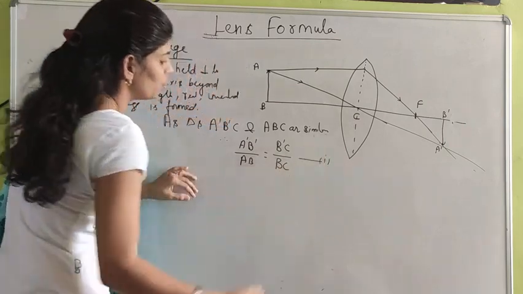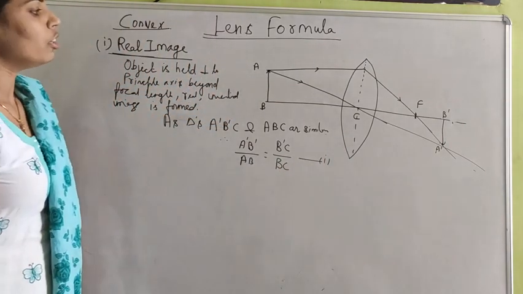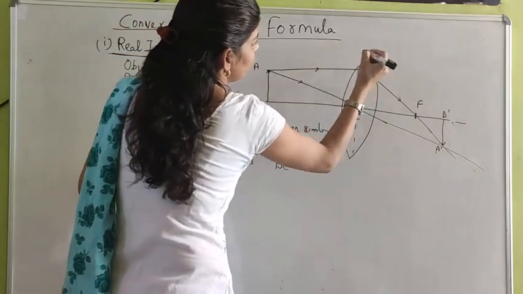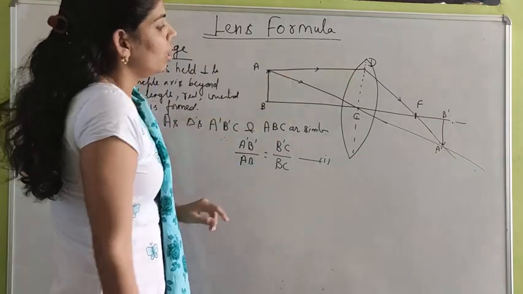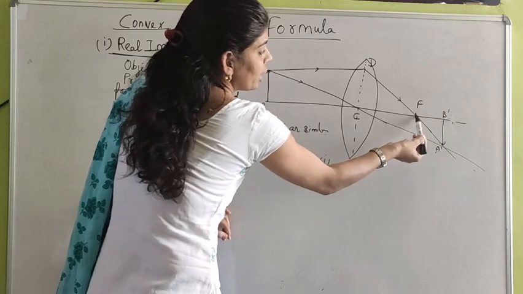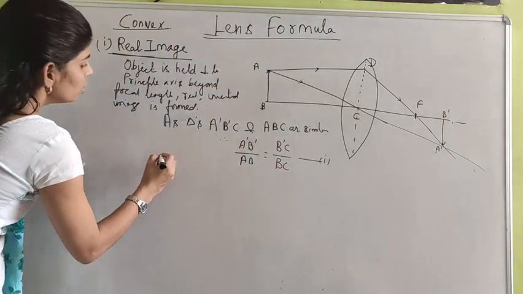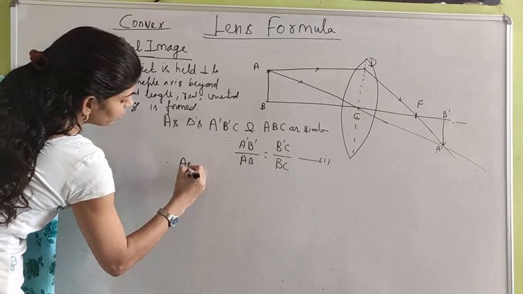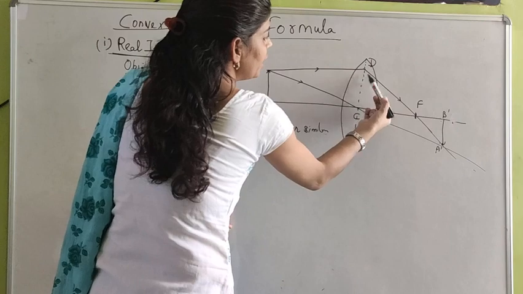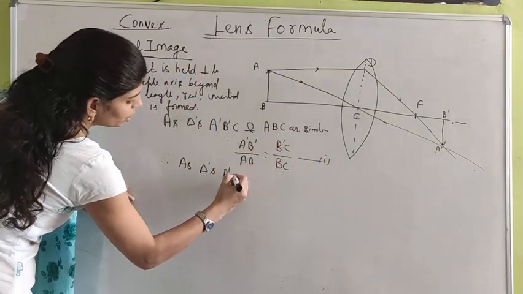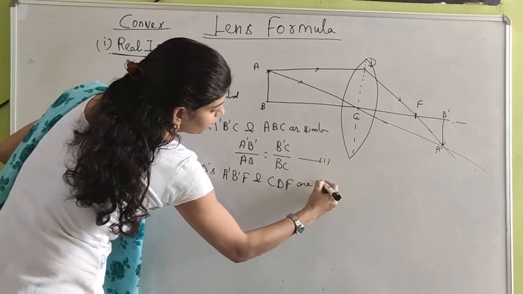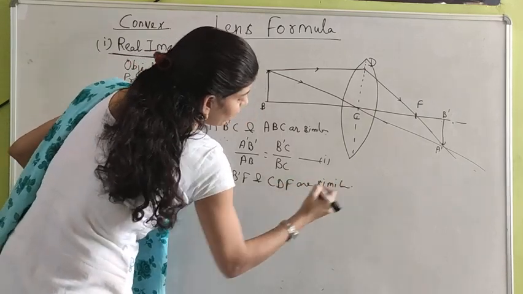In the same way, we will take the second triangle. Here mark the point D. Triangles DCF and A dash B dash F are also similar triangles.